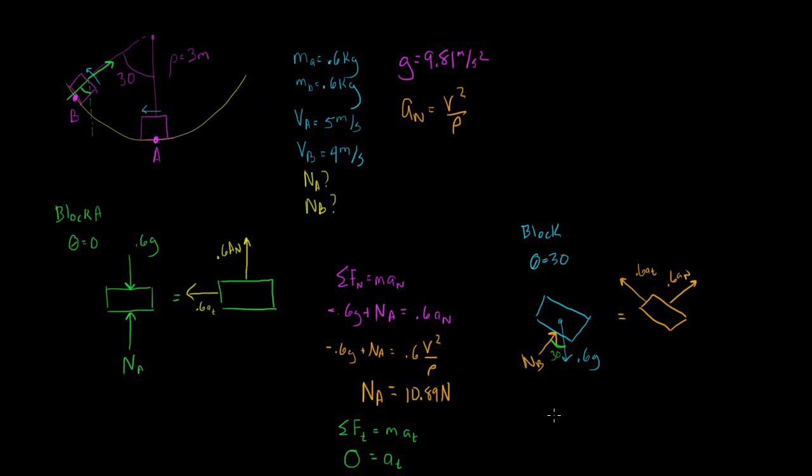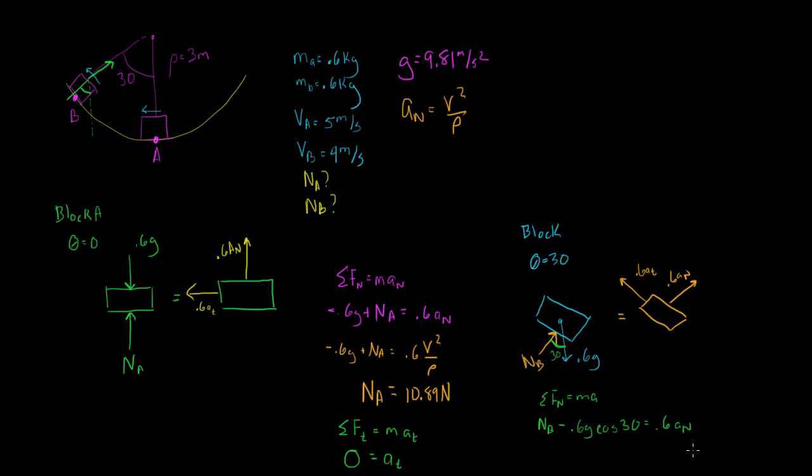So if we sum our forces in the normal direction, we're going to get N_B, and this is acting against the normal direction, so minus 0.6g times cosine of 30, is equal to a mass, which is 0.6, times the acceleration in the normal direction.